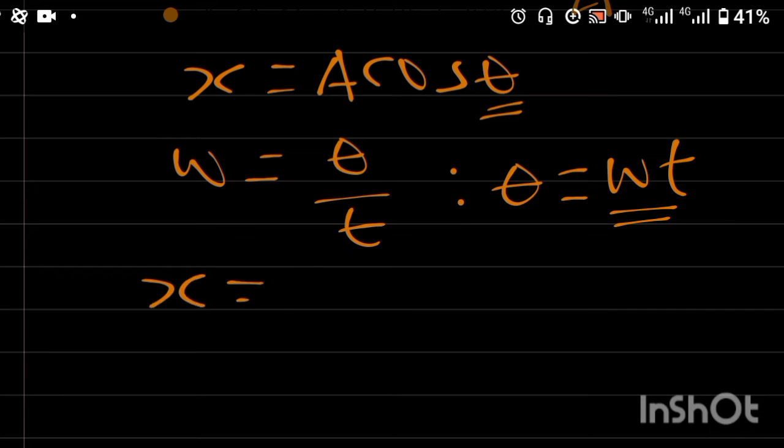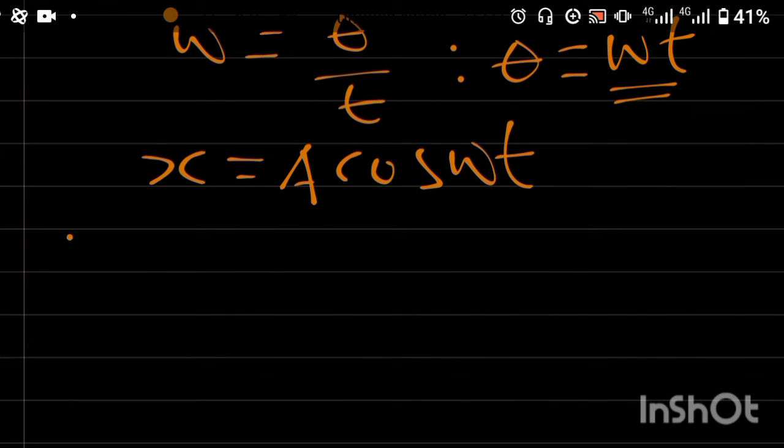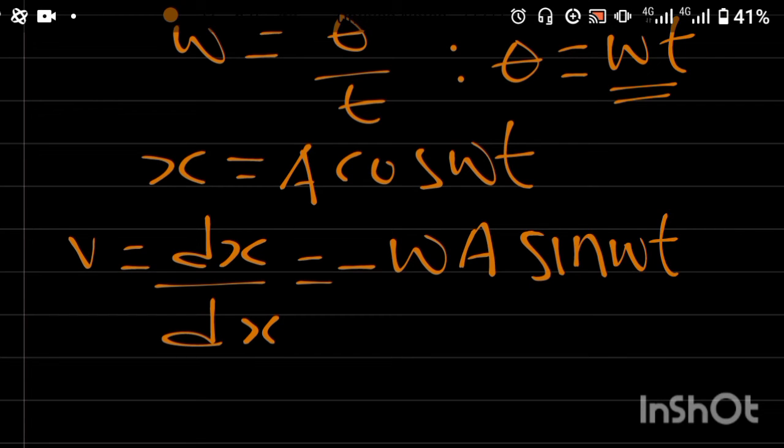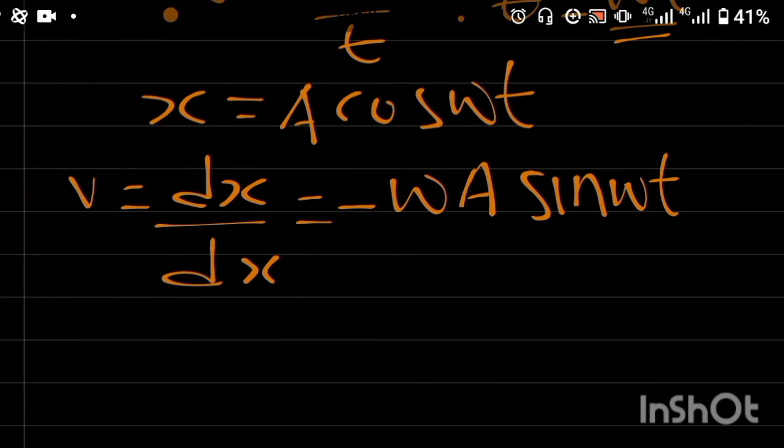I have x is equal to A cos omega t. This is what I have. Now let's find the velocity. Velocity is equal to the rate of change of displacement with time. So if we should differentiate this expression, we have minus omega A sine omega t. This is the expression for the velocity.